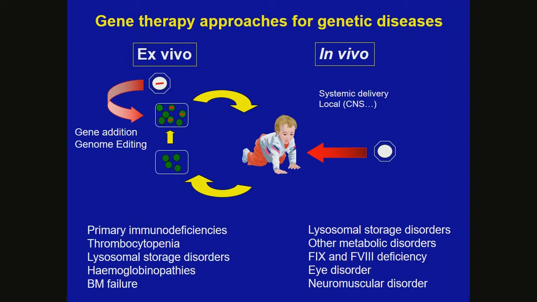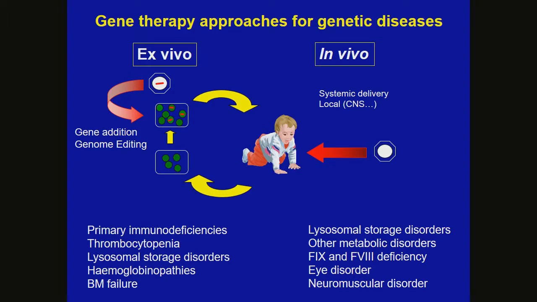The other approach is the in vivo treatment, where we inject the vector, the modified virus, directly. This will transfer the gene into the tissues, whether it is systemically injected or injected locally, such as into the eye or the brain.